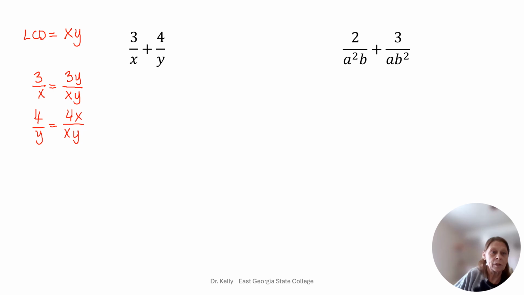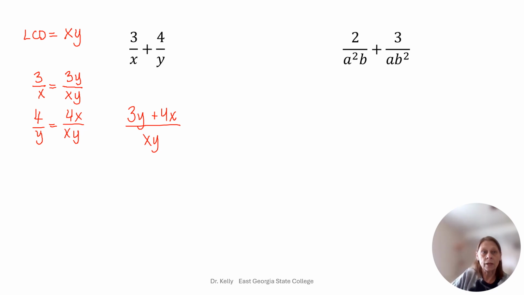So now when we put it together, we have 3y plus 4x all over xy. Now these cannot be broken apart from this point. The only way that they can be broken down is if we turn these into two fractions and then simplify each fraction. So this is the answer.